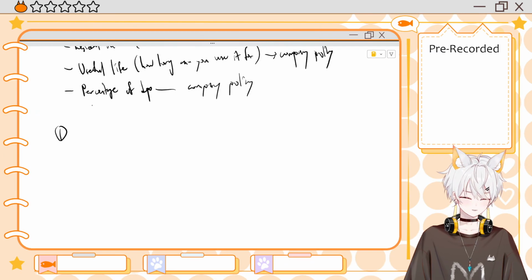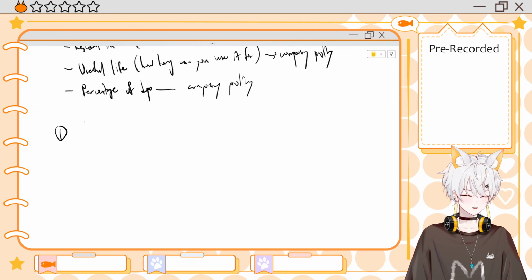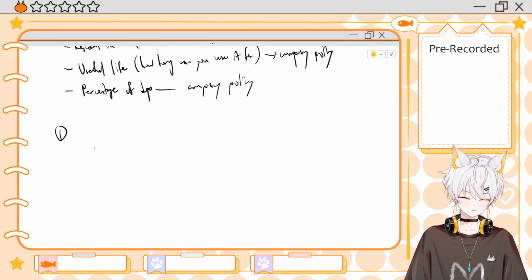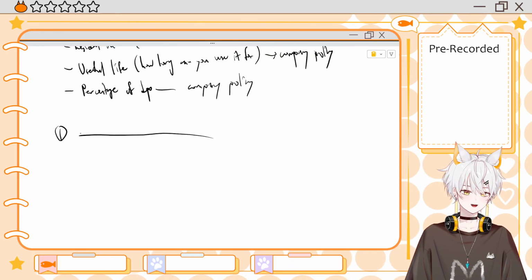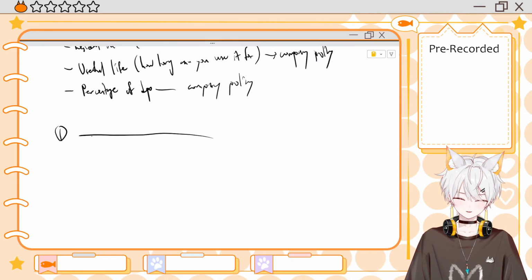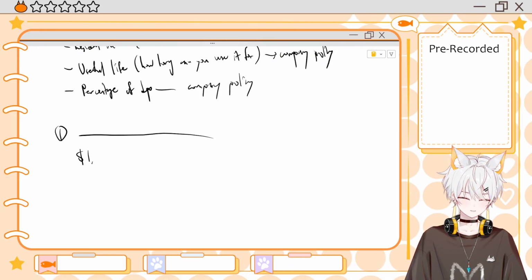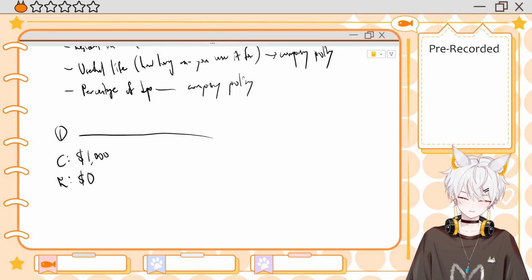So now we can go straight into the straight line method. What does this mean? Well, straight line method just means a line. For example, this company says they bought something for $1,000. So this is the cost. The next one would be residual value. We could say maybe here we write 0.